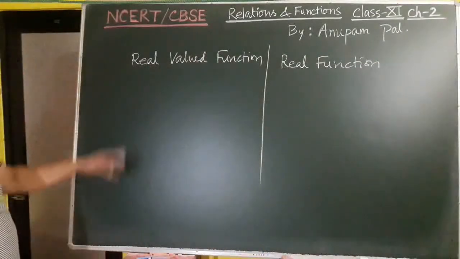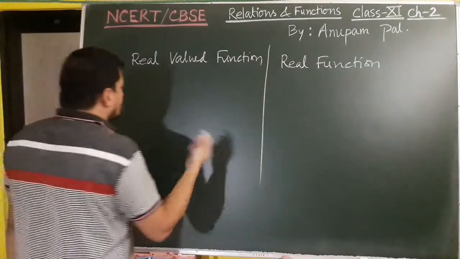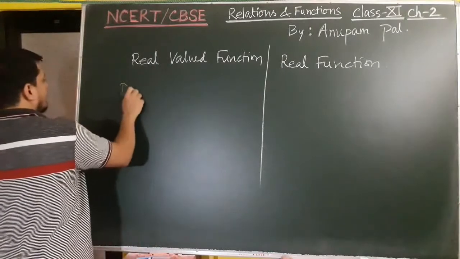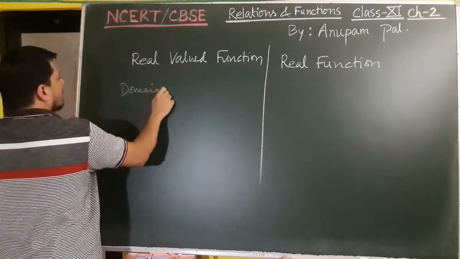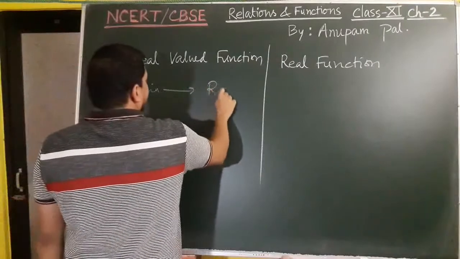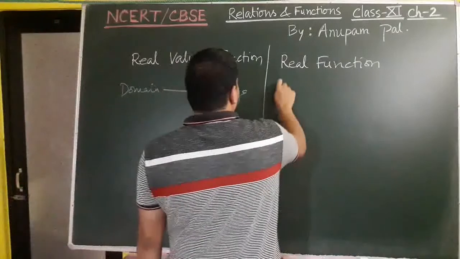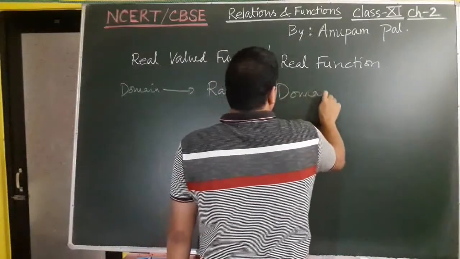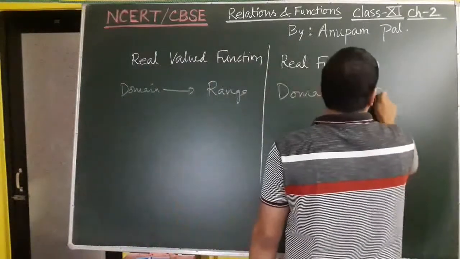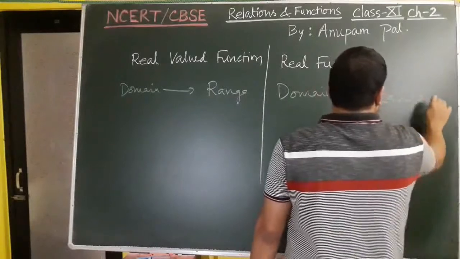Now what is this? In these, there is something called the domain and something called the range. In this real function also you will have a domain and a range.